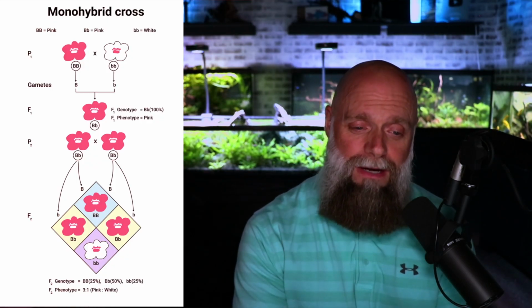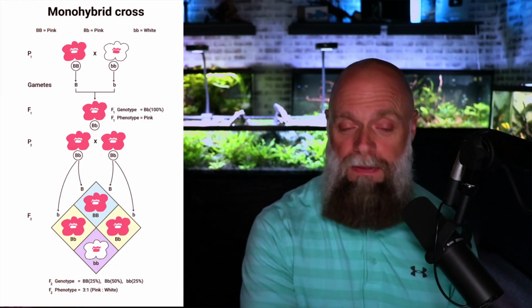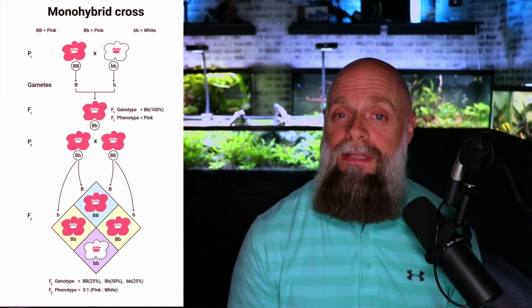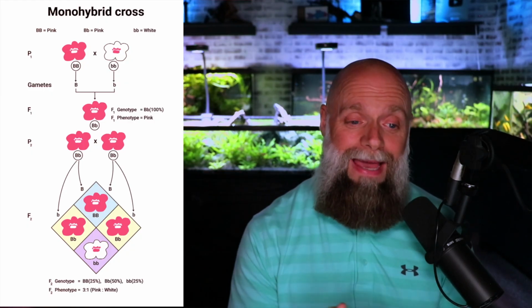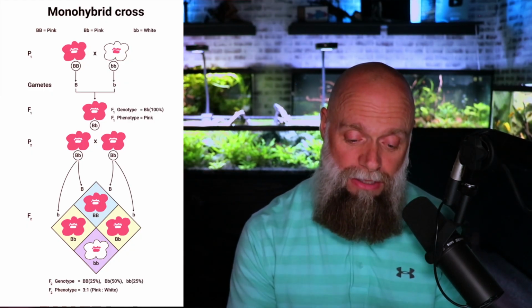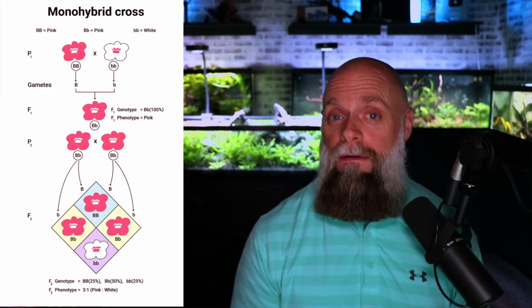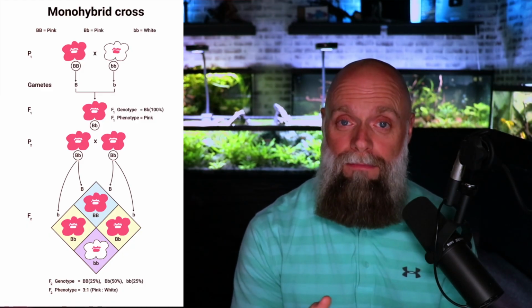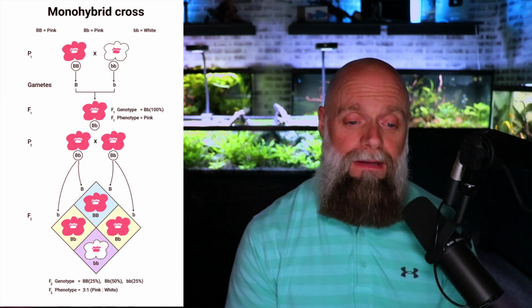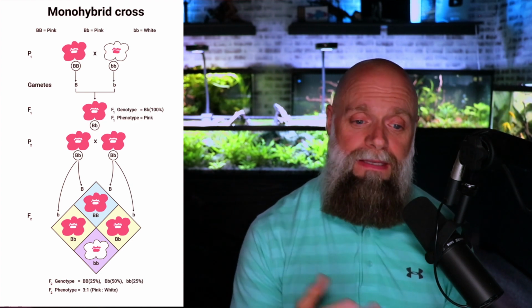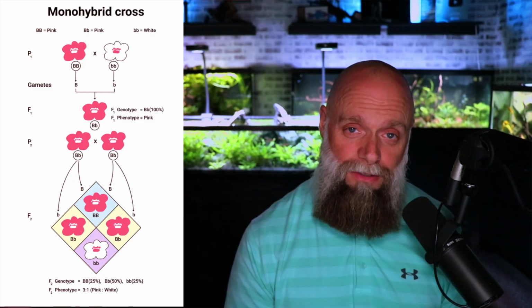And so you can see here, you've got a ratio of 3 to 1, in this case, pink to white or red to white. And then you can see here in the genotype for the F2 generation, that is the generation that was born from F1, you've got the genotypic ratios, well, 25% probability of having homozygous dominant, 50% having heterozygous, and then 25% homozygous recessive.